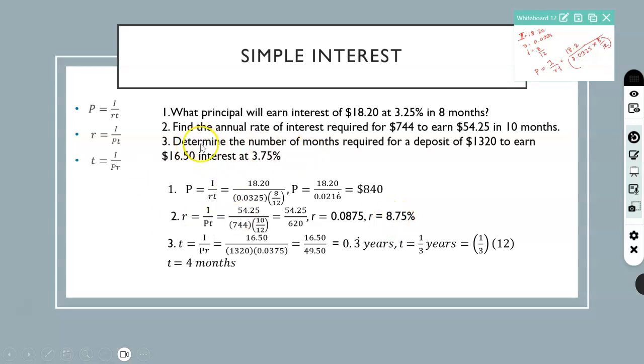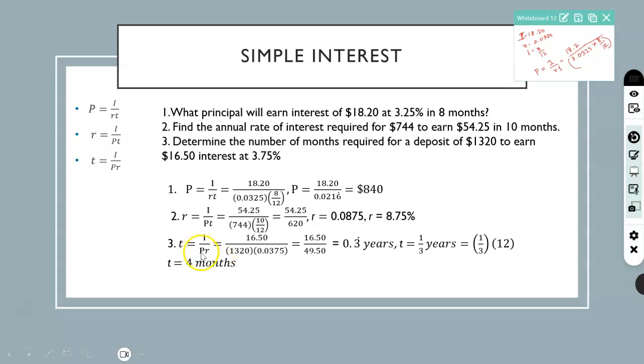And then the T value. To calculate T, determine the number of months required for a deposit of $1320 to earn $16.5 interest at 3.75%. Here, interest is $16.5 because that's what you are earning on a deposit of 1320.